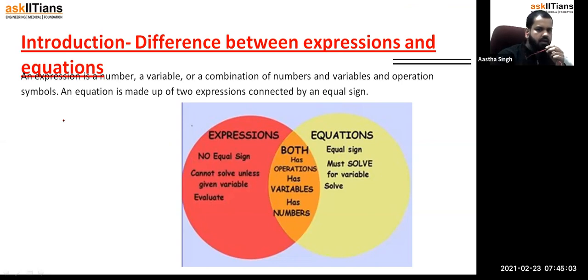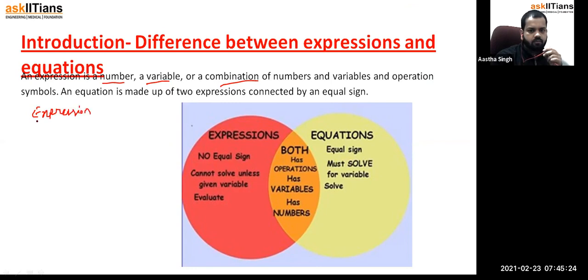First read out the line. An expression can be a number, a variable, or a combination of number and variable and operation symbols, right? So basically, your expression is suppose a number, a number and variable, or can be a combination of both number and variable and operation symbols, right?